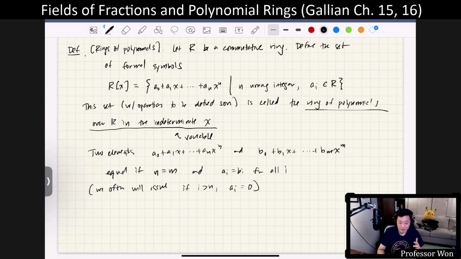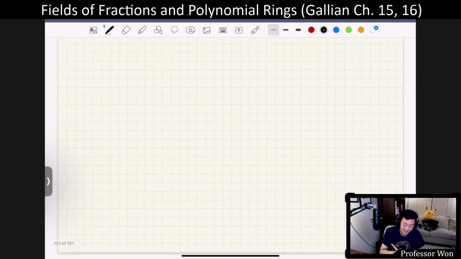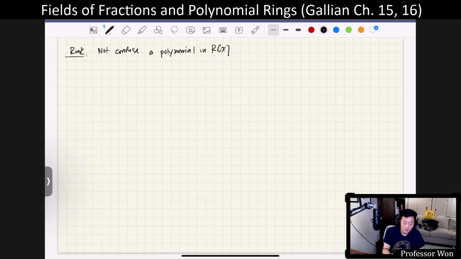Okay, so a subtler issue that actually does matter is that, in general, we should not confuse a polynomial in R adjoin x, which is just a ring element, with the function defined by that polynomial.